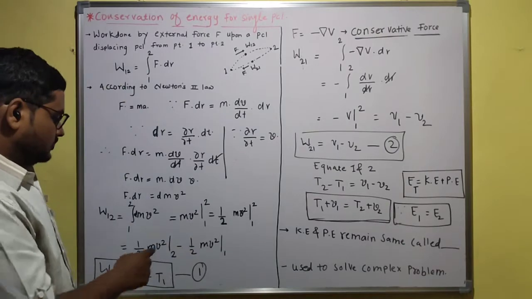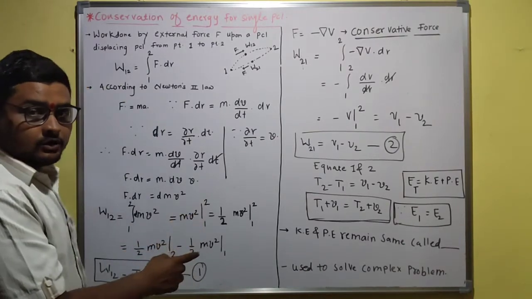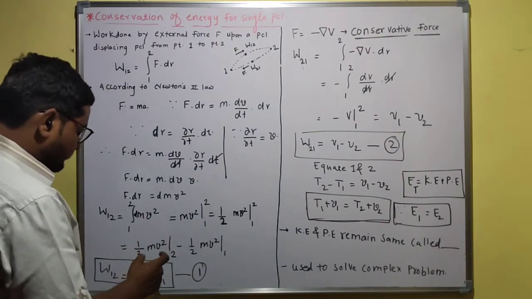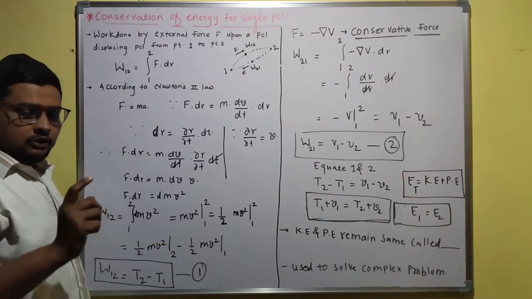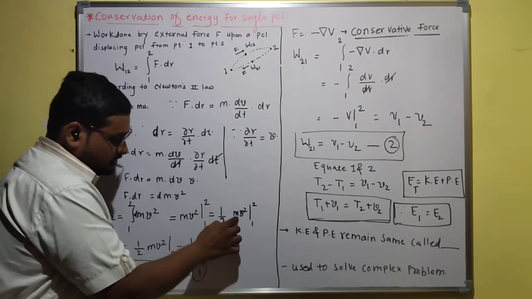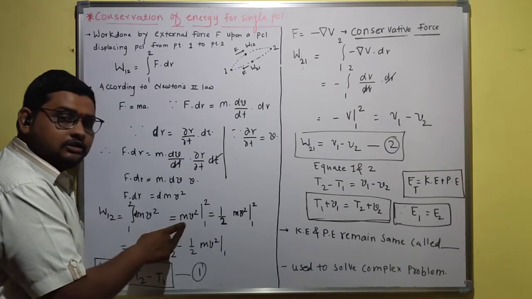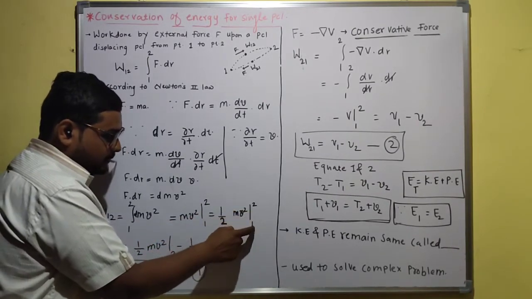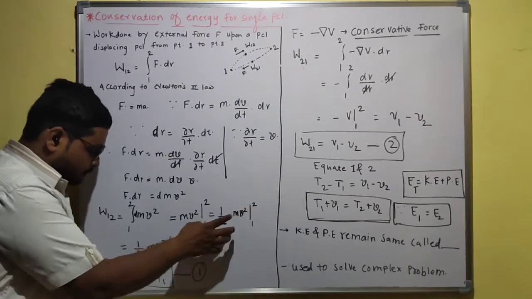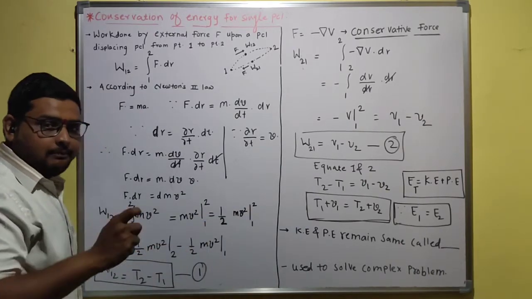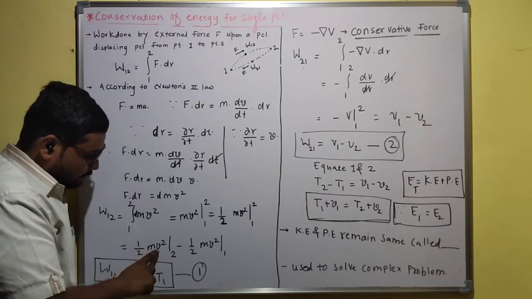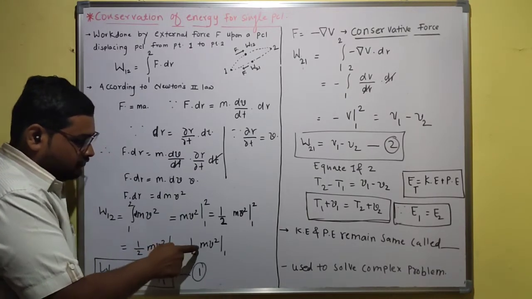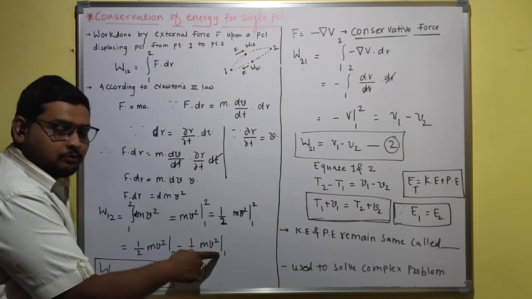Whenever we put limits, we use upper limit minus lower limit. So we get half m v square at point 2 minus half m v square at point 1.